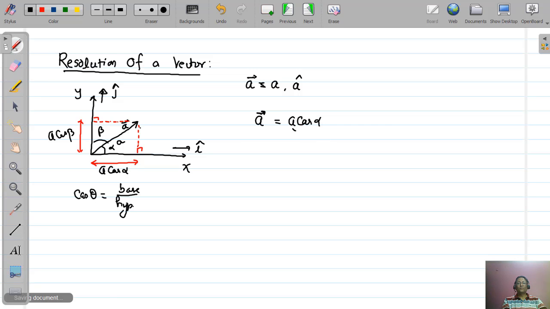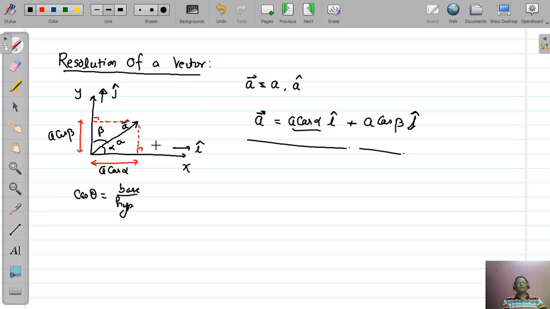This is the magnitude, and unit vector i for direction. So this is the component of this vector A along the x-axis plus A cos beta along the y-axis, which is represented by the unit vector j. So in this way, we can represent this vector A in terms of its components, and we say this is the resolution of a vector.